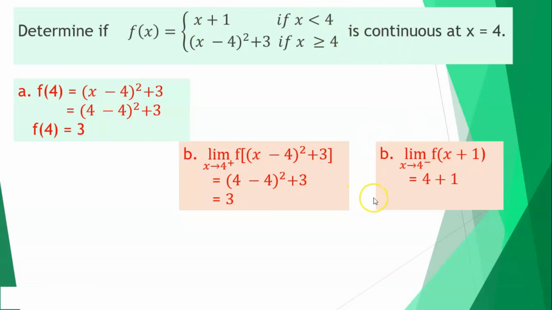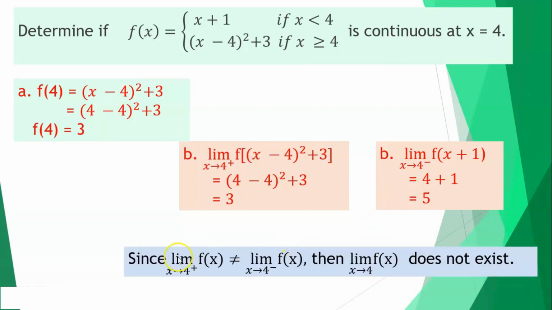With this, substituting 4 plus 1, we will end up with 5. Now take note, the limit of the function as x approaches 4 from the right is not equal to the limit of the function as x approaches 4 from the left. With this, the limit of the function as x approaches 4 does not exist. So take note of that.